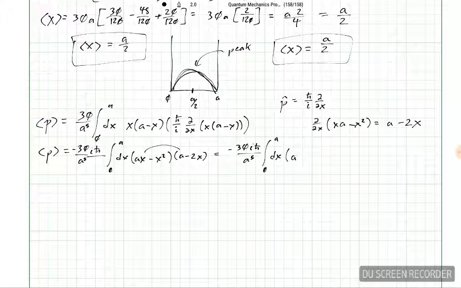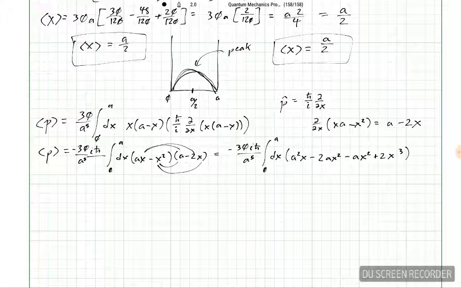I have a squared x minus 2ax squared minus ax squared plus 2x cubed.